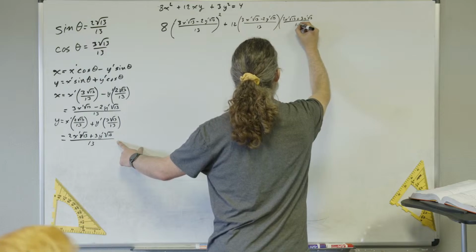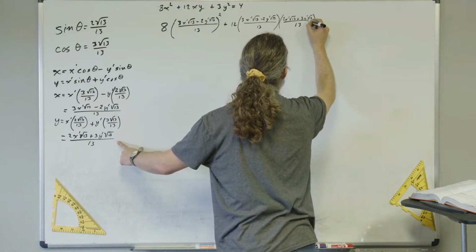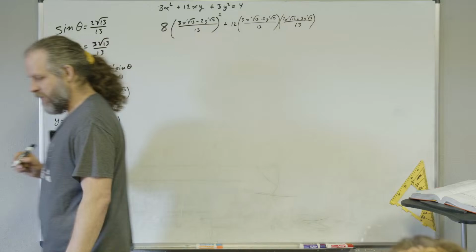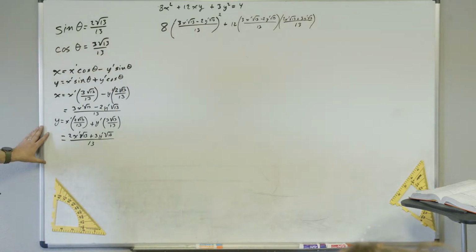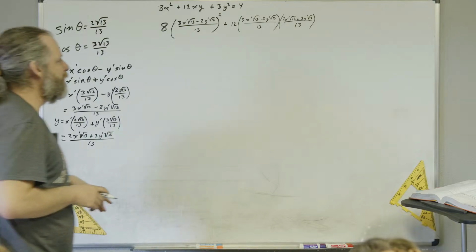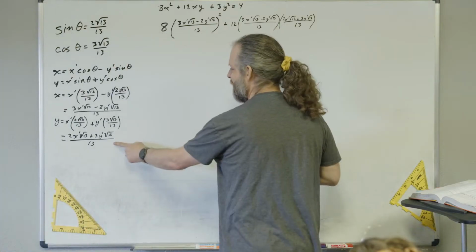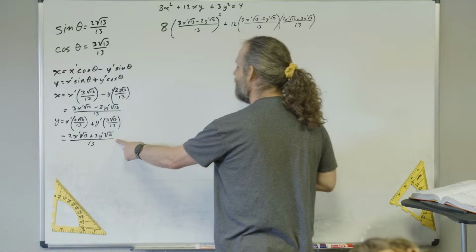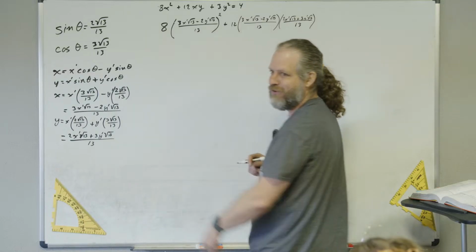Something I am doing that you may or may not have thought of: when you're doing a problem that's this ugly, it can be helpful to use your fingers to help you. I'm pointing at this so that I can remember where I need to go back and look.